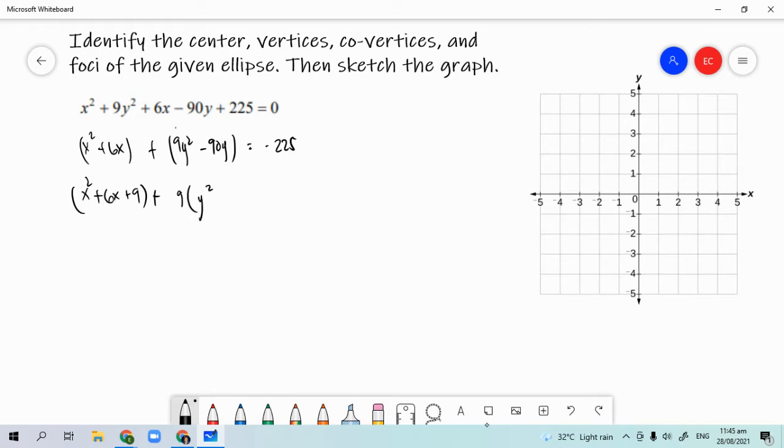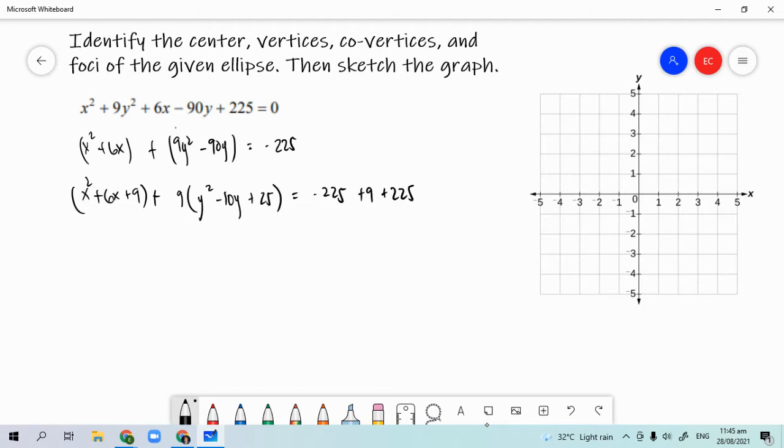We have 9y squared minus 10y plus 25. And then to maintain the equality, we add on the right-hand side the same values that we added on the left. So plus 9 plus 225.